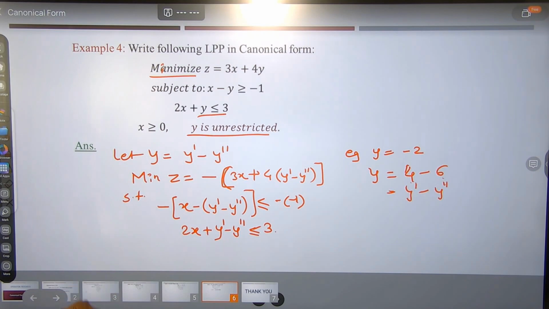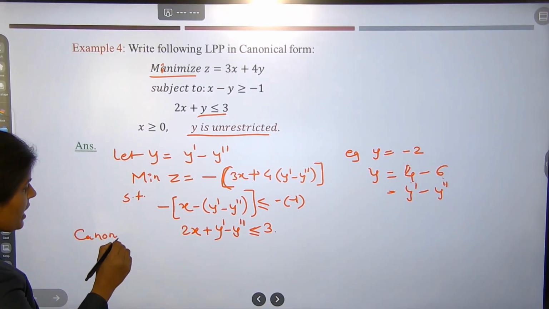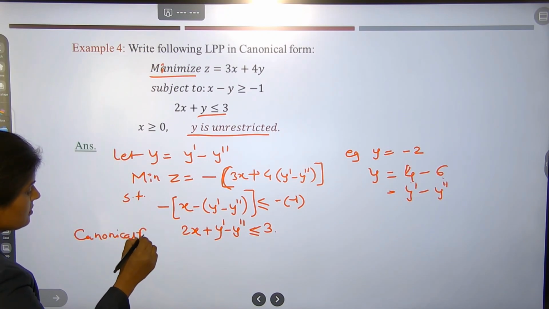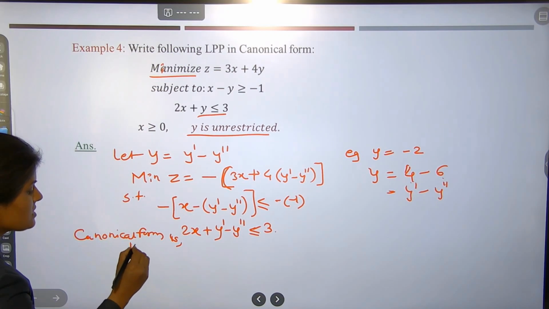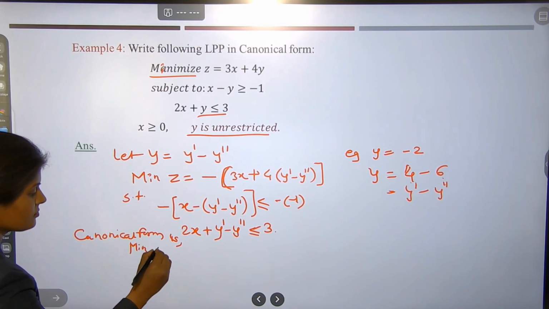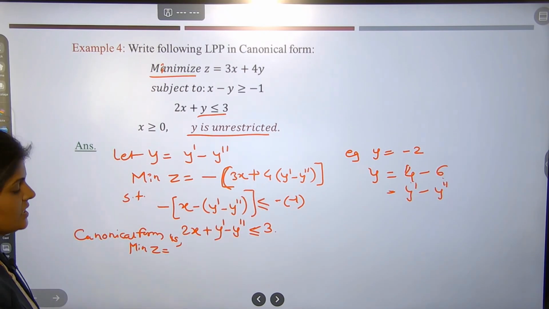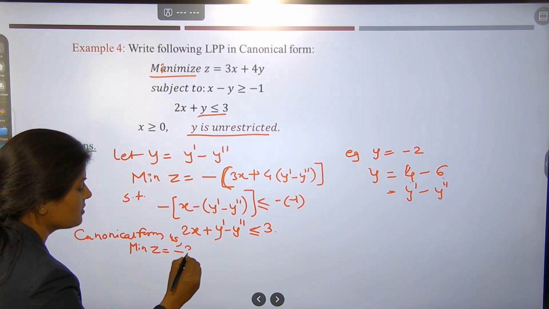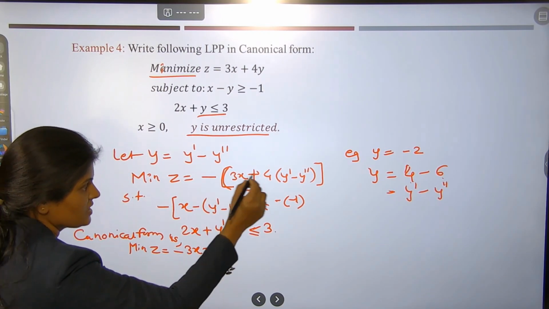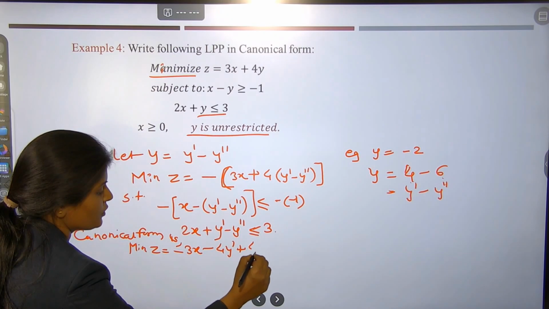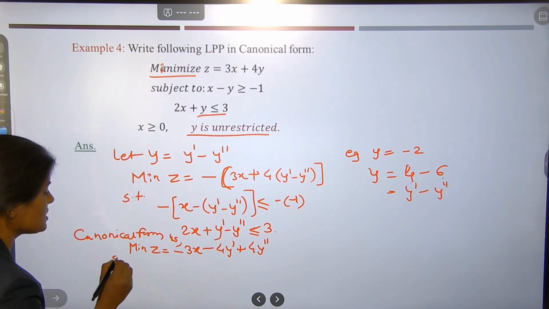So finally, after simplifying this, we get the canonical form as: minimize Z equals, after multiplying minus into the brackets, minus 3x minus 4y dash plus 4y double dash, subject to the first constraint.